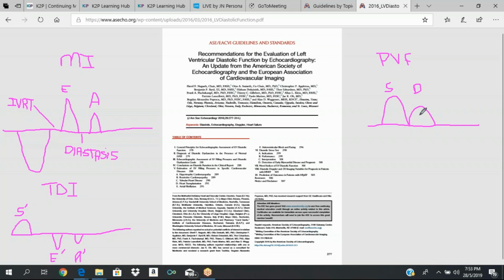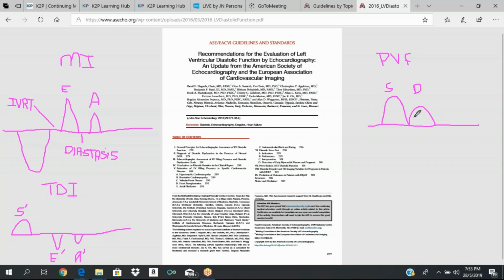As the diastolic dysfunction gets more severe, the systolic component gets less and less and less. Okay? Opposite to that, the worse the diastolic dysfunction, left atrial volume gets larger and larger and larger. And the TR velocity, which is a reflection of the pulmonary pressures, gets larger and larger and larger.